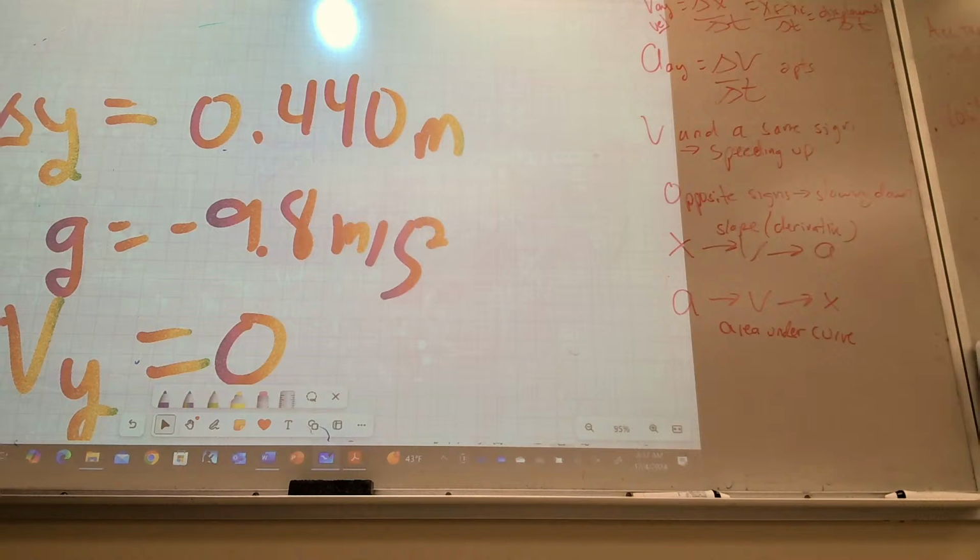If you use your distance equation, you have the unknown of the time and the unknown of the initial velocity. So you can't use your distance equation to solve the initial speed.